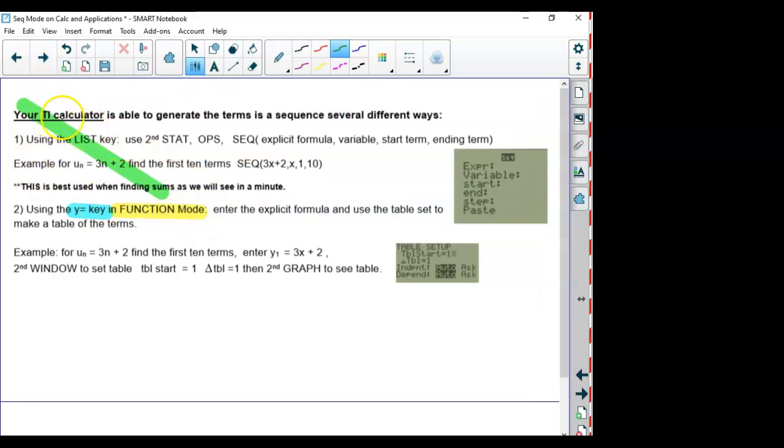All right, I'm not going to worry about this first. That's a really old school way to generate a sequence on your calculator.